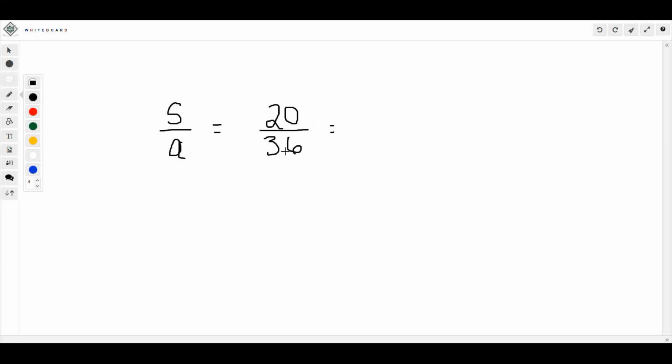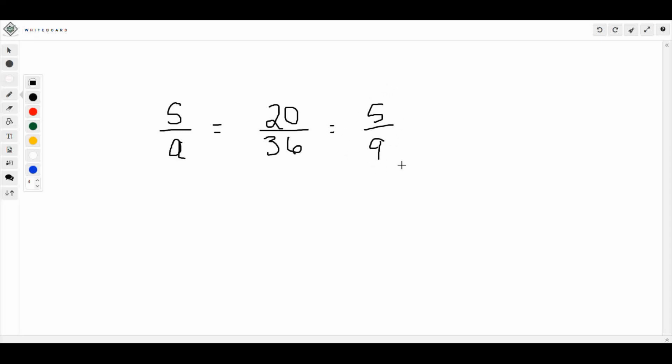So let's see if that will reduce it down. So if I divide 20 divided by 4, I get 5, and 36 divided by 4 gives me 9. Now, is this reduced?